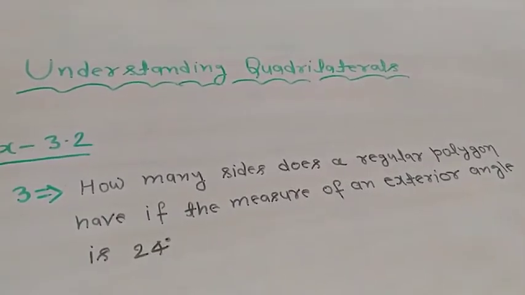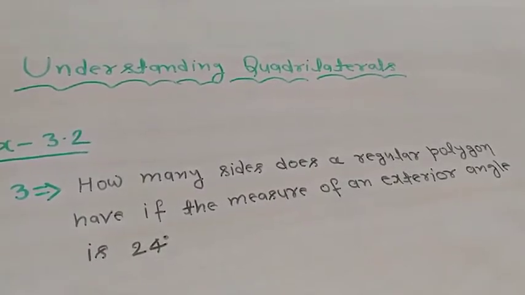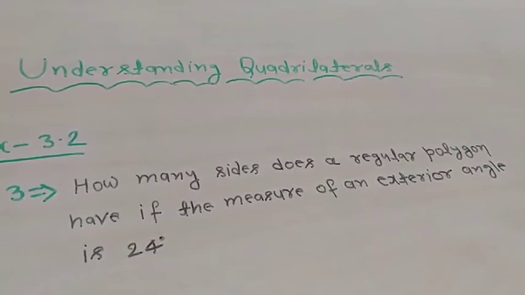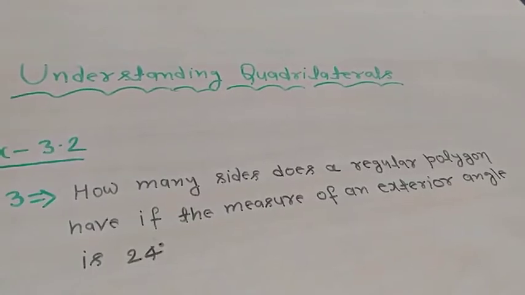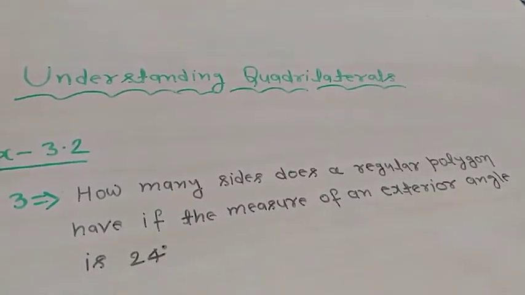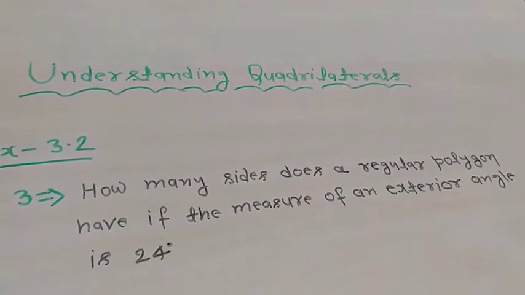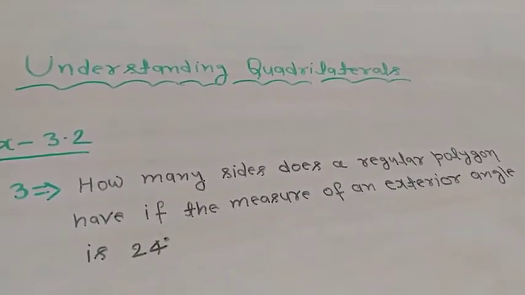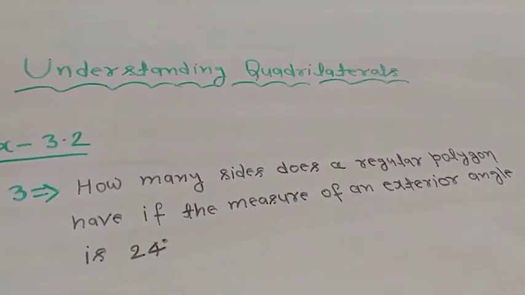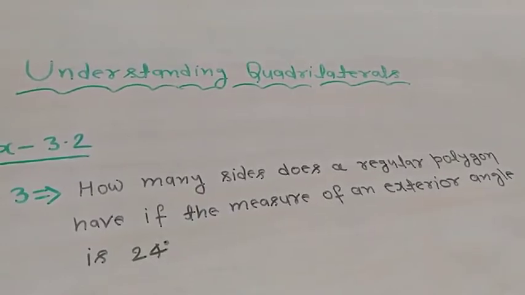We know that the sum of exterior angles of a polygon is 360 degree. Clear? And before this, in question number 2, you found the exterior angles. Exterior angle is equal to 360 degree by number of sides. Okay, but in this question you find the number of sides, so the formula is number of sides is equal to 360 degree by exterior angle.